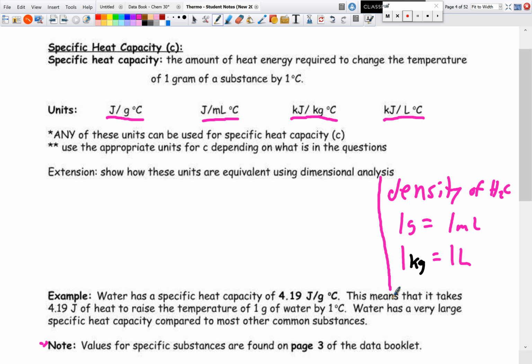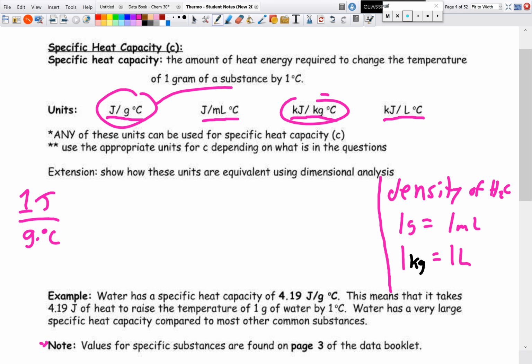I'm just going to show you how these units are equivalent using dimensional analysis. If you remember from Chem 20, dimensional analysis is changing the units of something so they turn into different units. We're going to start with a hypothetical specific heat capacity of 1 joule per gram degree Celsius, and convert it into kilojoules per kilogram degree Celsius.